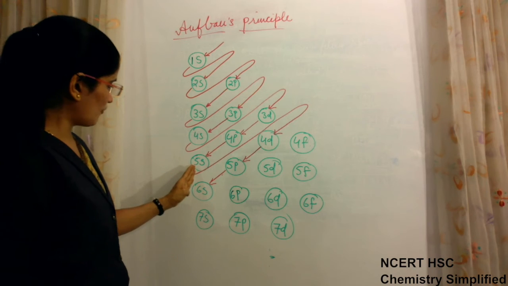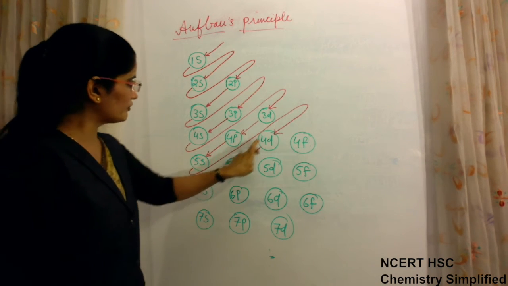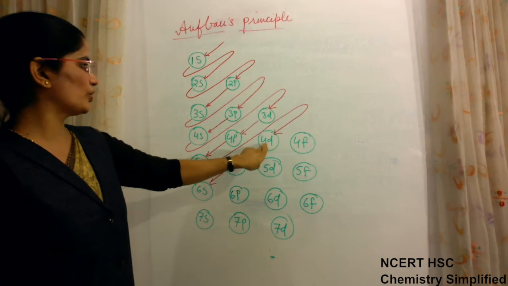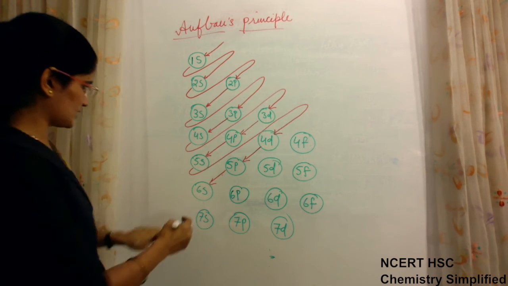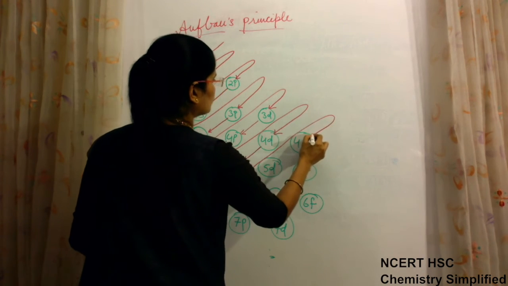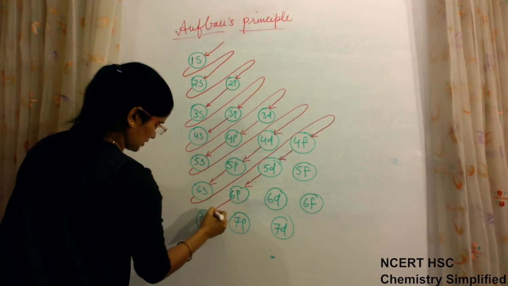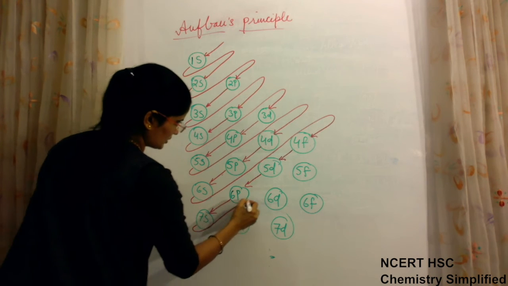Just see, after 3d we have filled 4p, then 5s. After 5s again the electron will come to 4d, then 5p, then 6s. Then from 6s it will go to 4f. Then this, then this, then this.